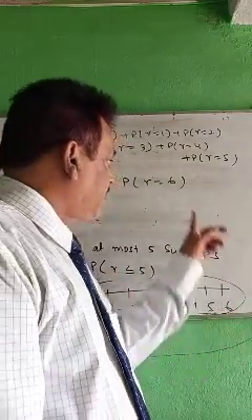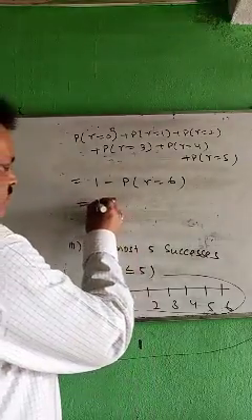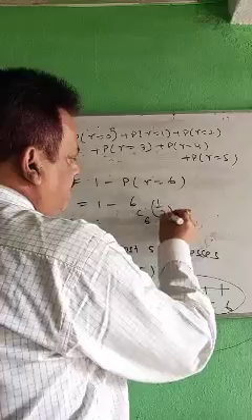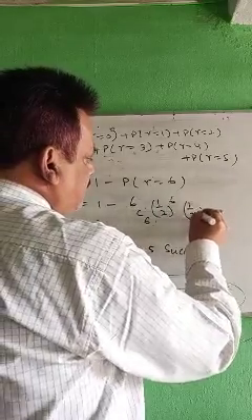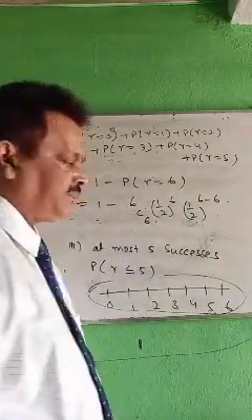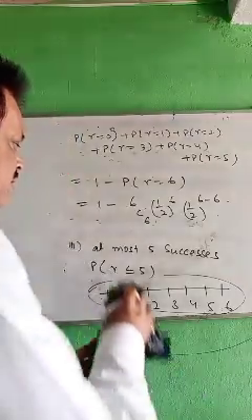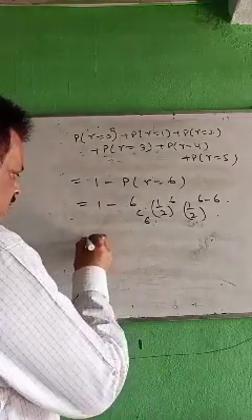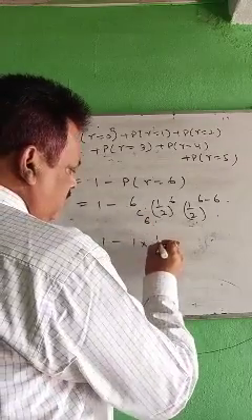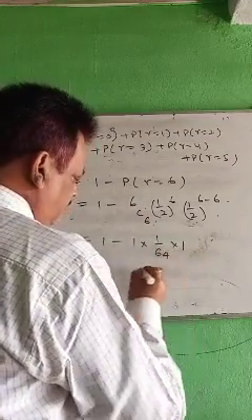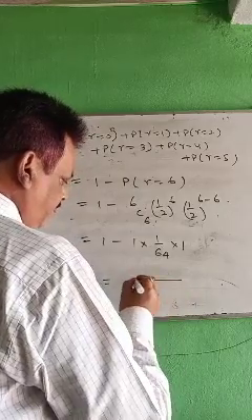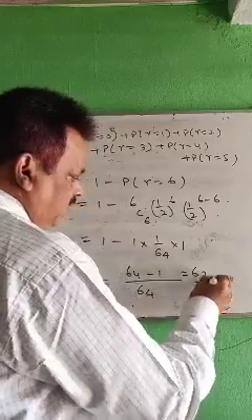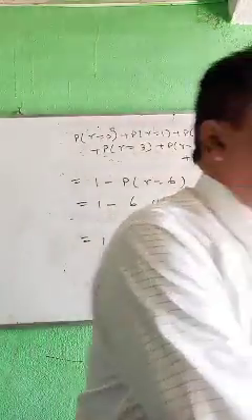So 1 minus 6C6 into 1 by 2 to the power 6 into 1 by 2 to the power 6 minus 6. That's a simple calculation. So that will give 1 minus 1 by 64 into 1. LCM 64, 64 minus 1, 63 by 64. This is how you will start your Bernoulli trials.